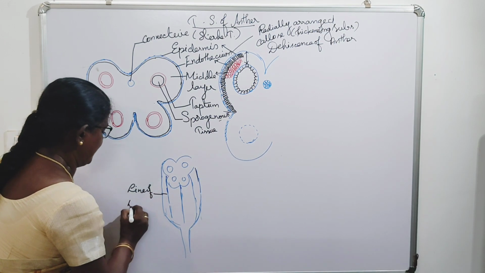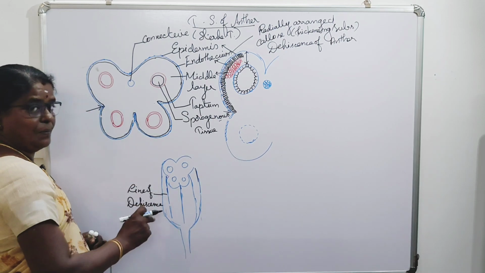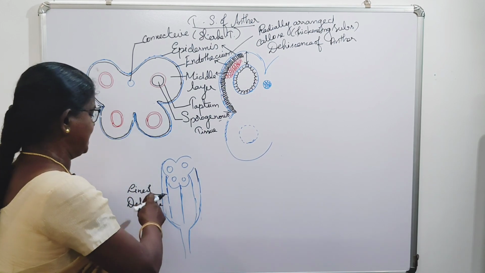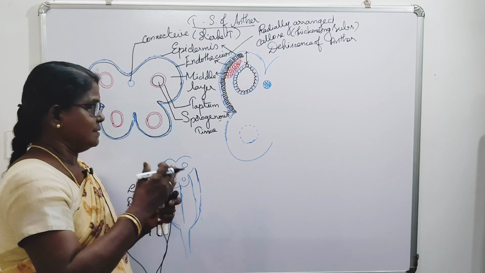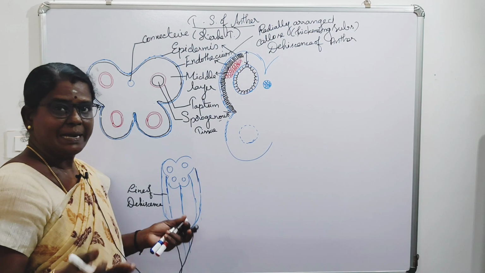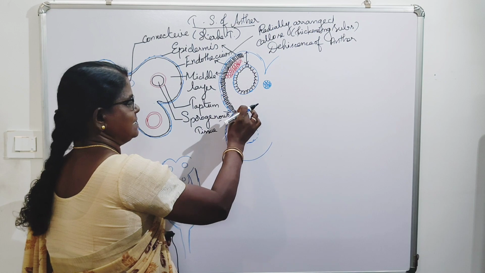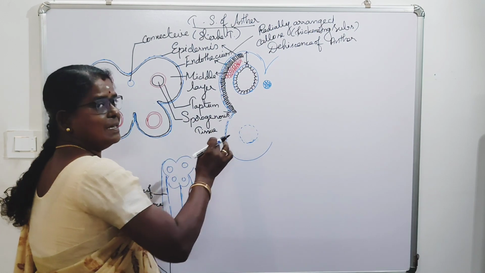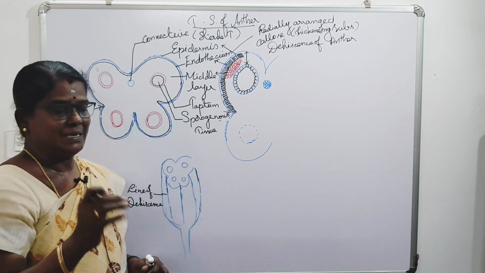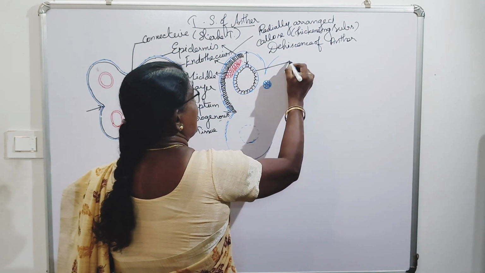When the anther gets matured, the cell wall will burst at this region and microspores will be released. This wall will become delicate where it is the line of dehiscence. At this dehiscence region the wall becomes thin and delicate. Then the fourth layer is known as tapetum.